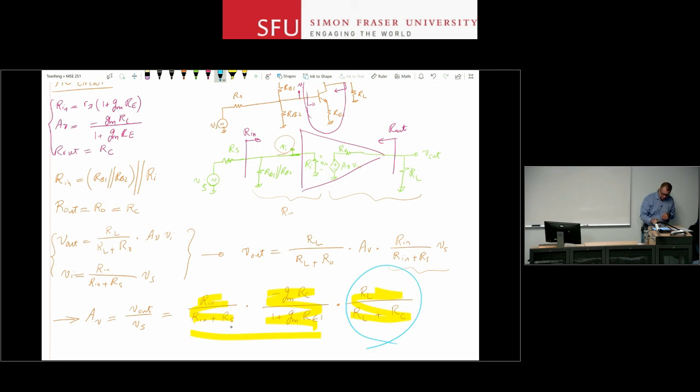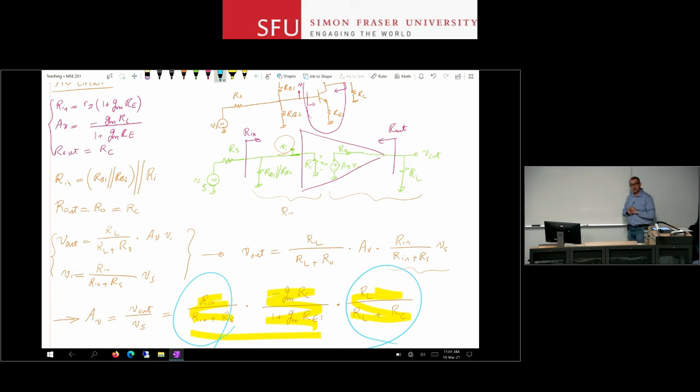Well, if Rin was infinite, this fraction would have been 1, right? So you would have got the most out of your amplifier. All of that gain that it was trying to give you, you would have seen it. But now because of the input and output resistances of the amplifier itself, you see a fraction, right? The amplifier can only give you a part of that native gain that it could provide with, let's say, zero output resistance or zero input resistance.